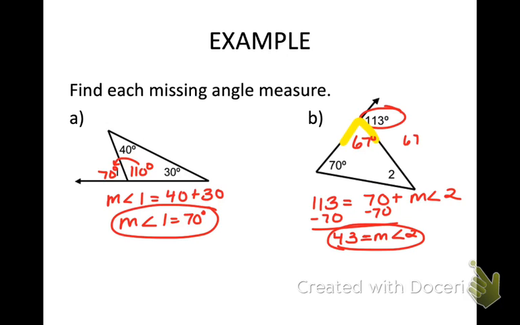And then 67 plus 70 plus our unknown, 2, is 180. 67 plus 70 is 137, plus our unknown angle is equal to 180. Subtract that one from 180, gets us to the 43. So x is equal to 43. Okay, so you can get there the long way, but it's quicker if you remember the exterior angle theorem.